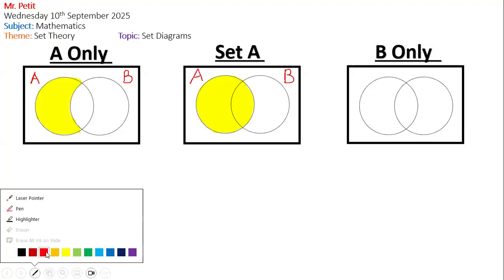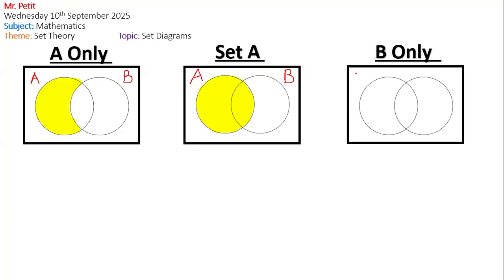So what do we have? We have capital A, right? And we have B. So we need to shade in B only.